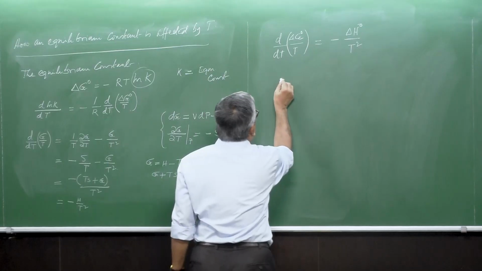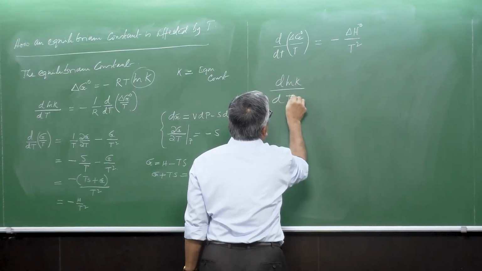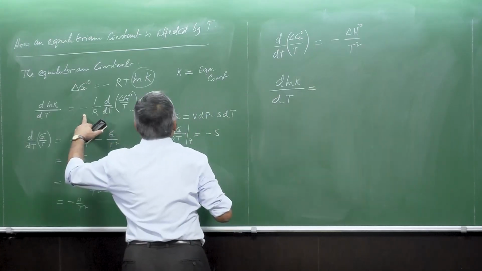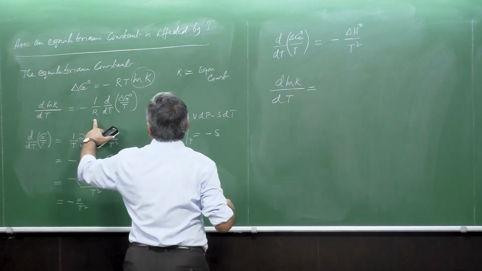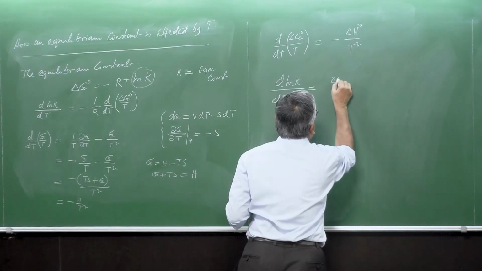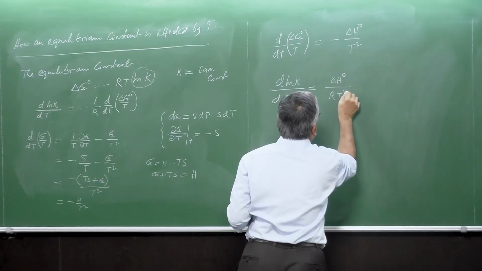So you have d ln K dT equal to, the minus signs cancel out, delta H0 by RT square.